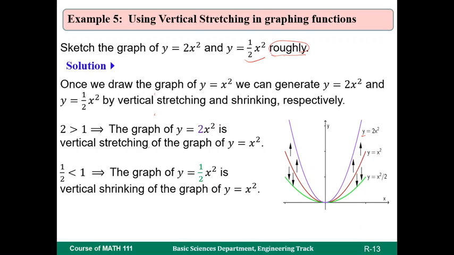So y values doubled, y values halved. This is the y value. Y value means the height. So y values correspond to the heights of the points on the graph.